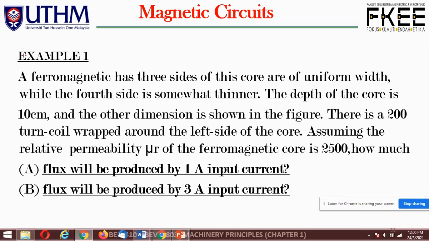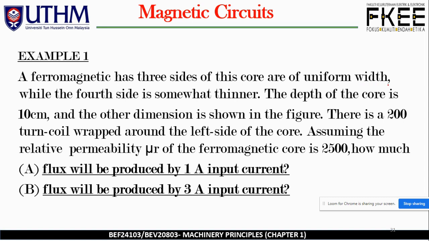A ferromagnetic core has 3 sides of uniform width, so the width is uniform for all 3 legs of the core, while the fourth leg is somewhat thinner, of smaller size. The depth of the core is 10 centimeter, and the other dimensions are shown in the figure.